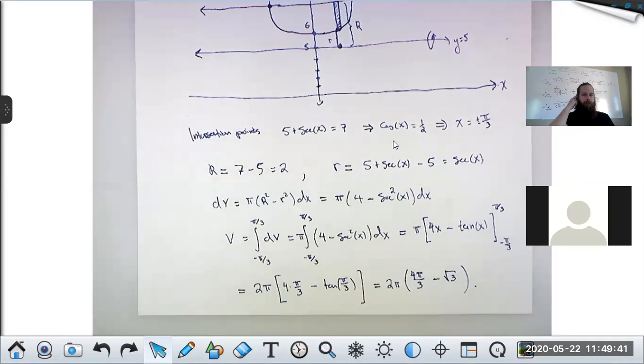So that's your volume. 2 pi times 4 pi over 3 minus the square root of 3. There's really not much you can do to make that look prettier. There's nothing there that needs to be simplified. But at this step, you would definitely need to tell me what the tangent of pi over 3 is. If you just left that as the tangent of pi over 3, that would be like a half-point dock on a test.